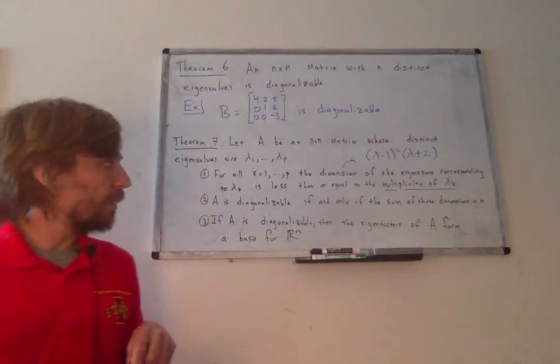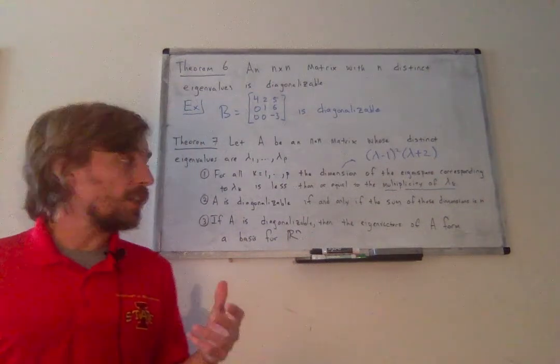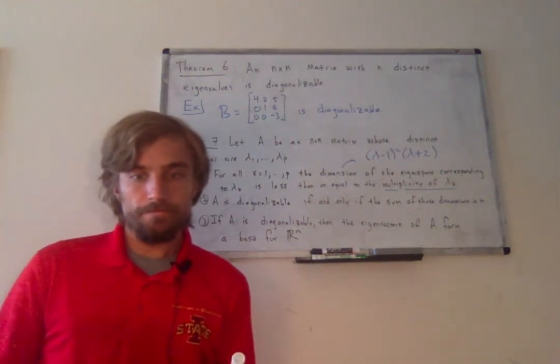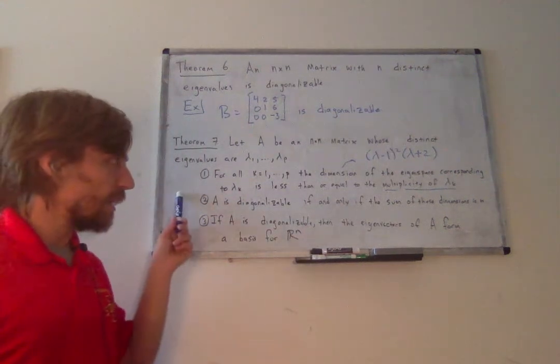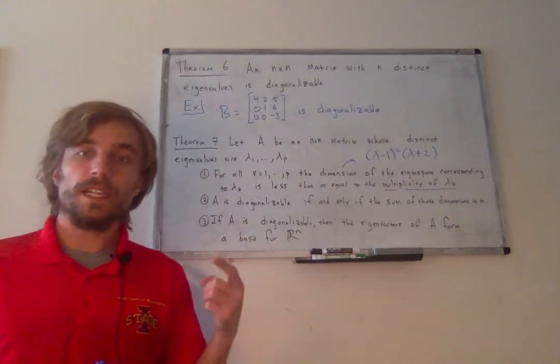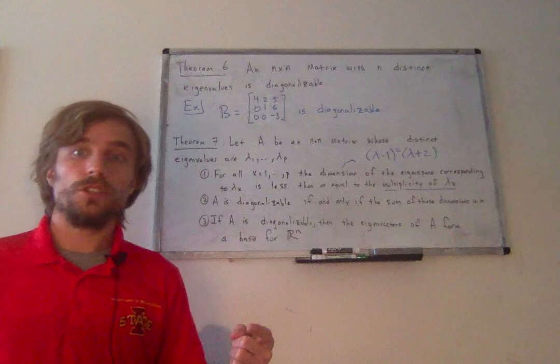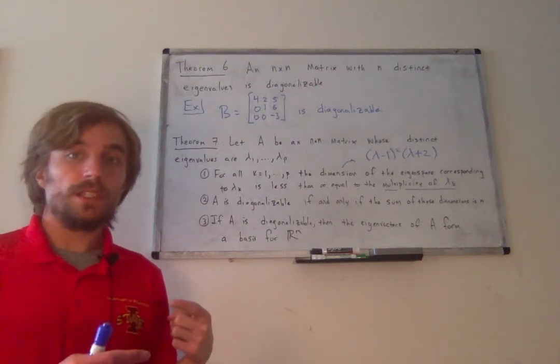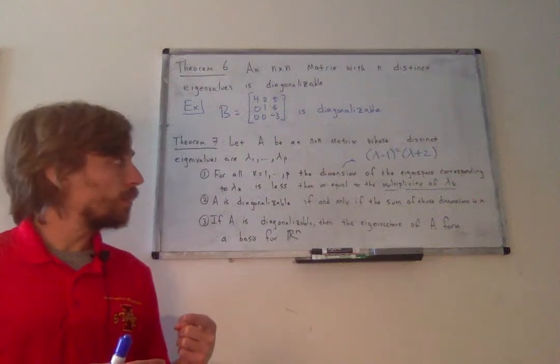All right, so 2: A is diagonalizable if and only if the sum of these dimensions is equal to n. So what that means is that A is diagonalizable if and only if the number of linearly independent eigenvectors for each eigenvalue is equal to the multiplicity of that eigenvalue.